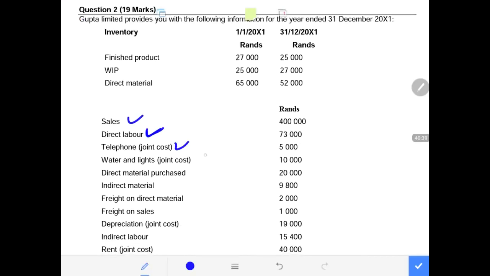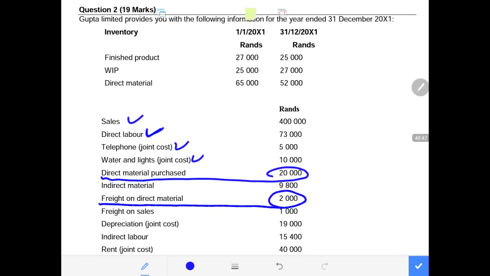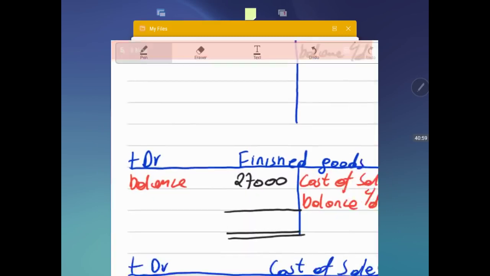I have my telephone, my water, direct material purchased 20,000, and freight, if you remember, freight on purchases, that is 2,000. So now this is my total of my net material purchases. So my total material purchases during the year will be on the debit side.